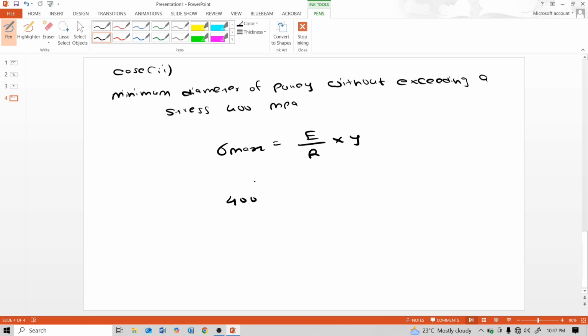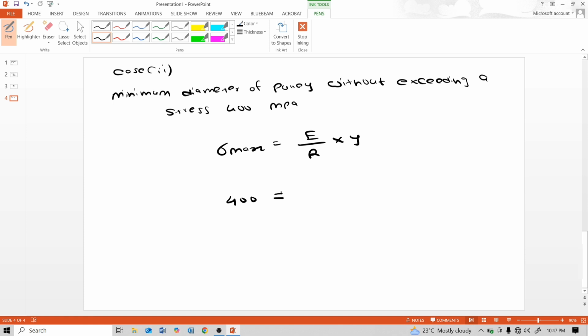For that much stress we calculate the diameter of this pulley. Don't use values above 400 MPa, because we have to calculate the minimum diameter without exceeding 400 MPa.